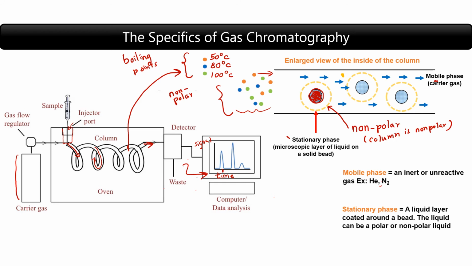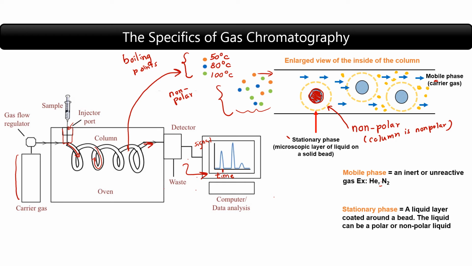So it exists more in the gas phase or the mobile phase. That means it will move faster with that mobile phase and reach the end of the column much faster than the blue and green molecules. That means it gets separated from the other two compounds.